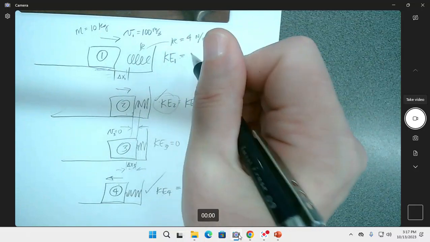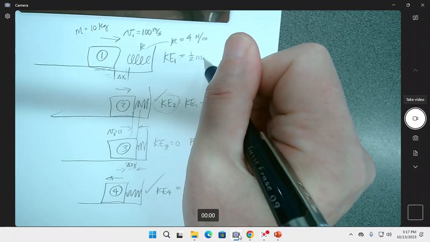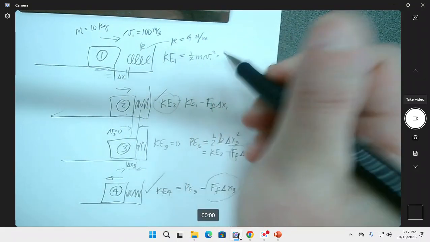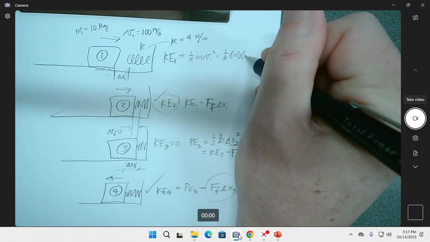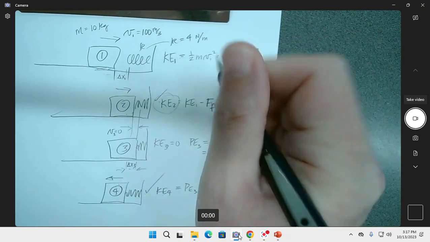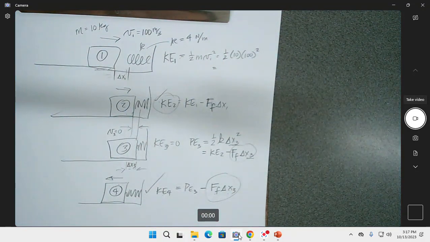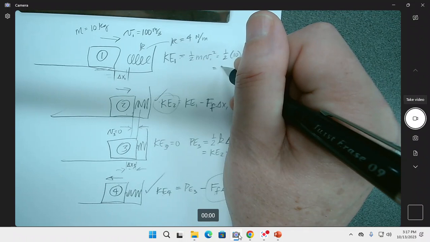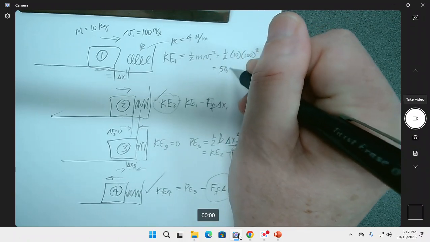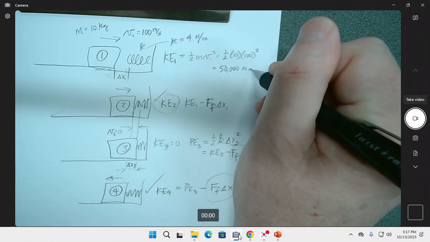So the kinetic energy is 1/2 m v1 squared, so 1/2 times 10 times 100 squared. Probably not choosing very good numbers, but that should be 50,000 Newton meters.